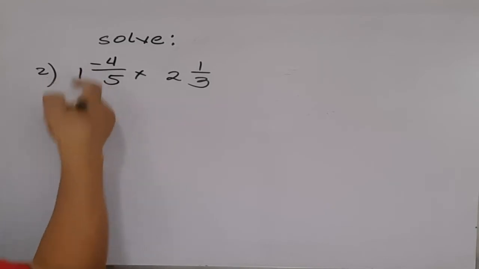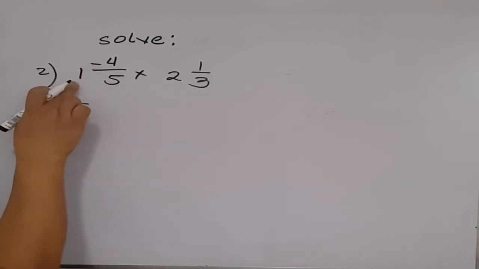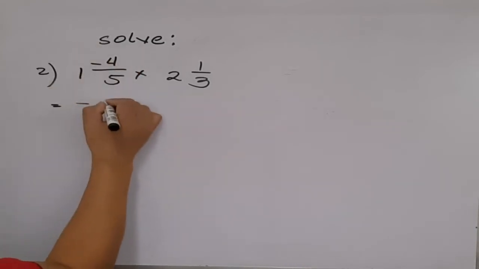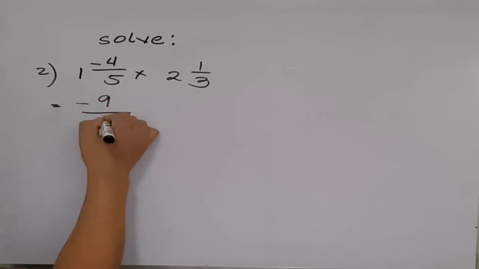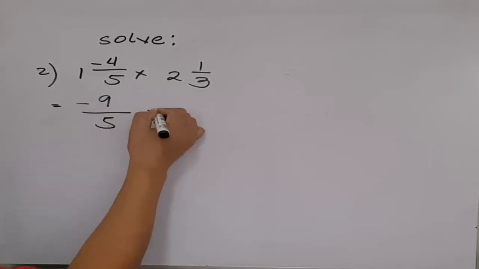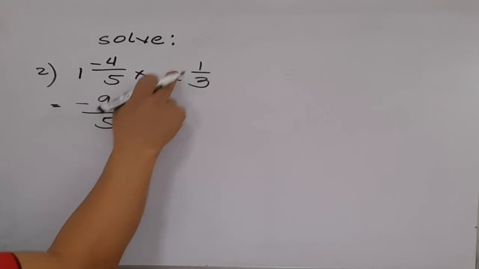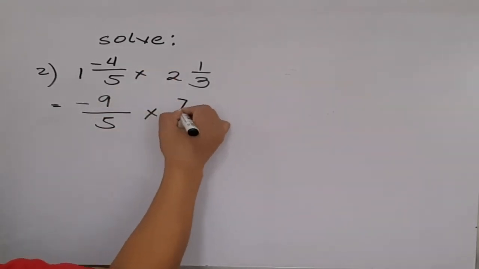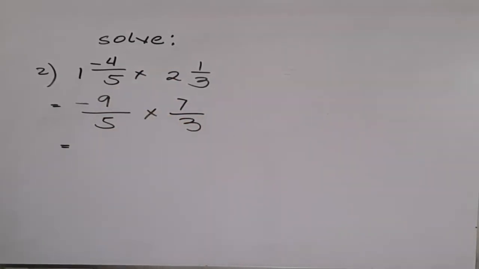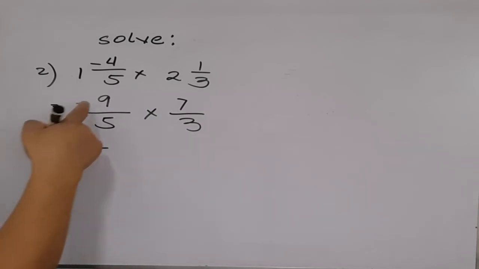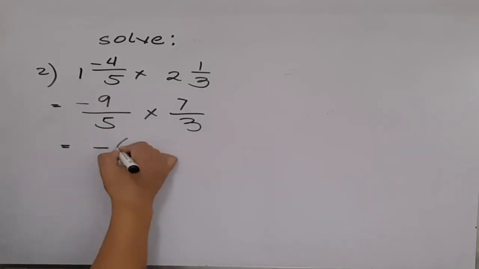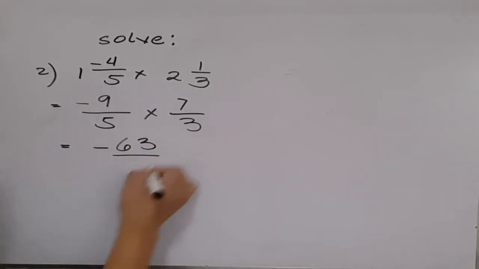So this is negative. 5 times 1 is 5 plus 4 is 9 over 5, times 2 times 3 is 6 plus 1 is 7 over 3. Okay, let's multiply. So 9 times 7 is 63 and 5 times 3 is 15.